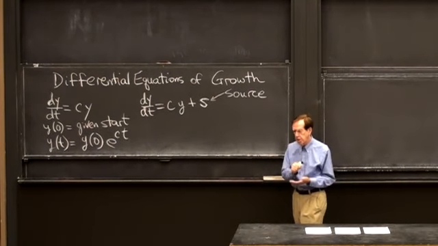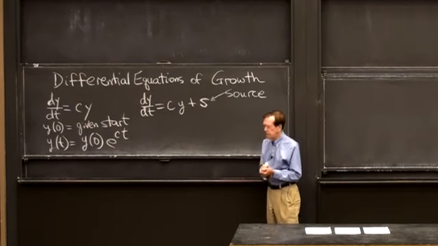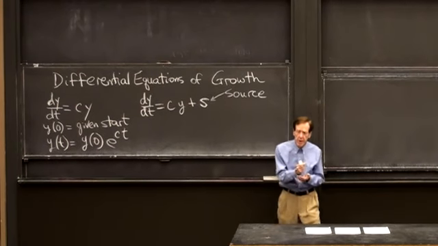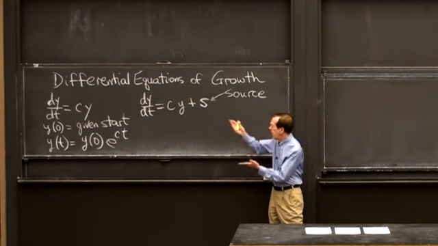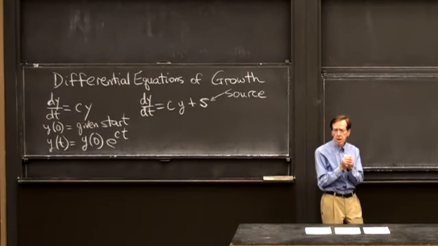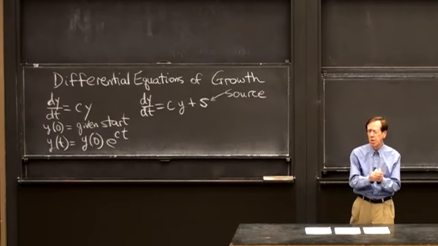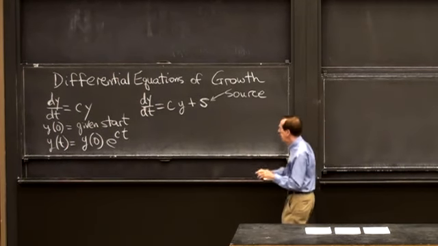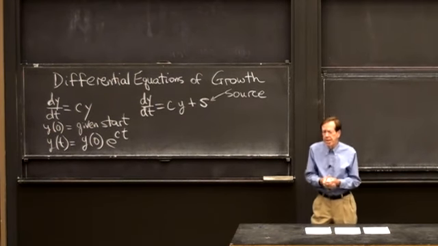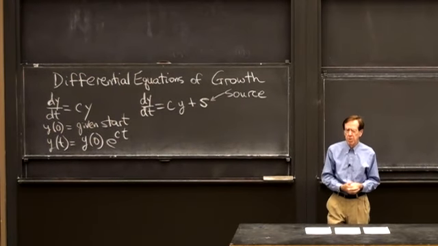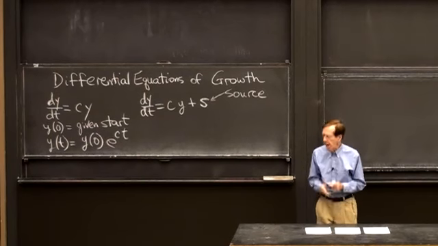In goes that saving, or if s were negative, of course, it could be spending. That's a linear differential equation with a constant right-hand side there, and we have to be able to solve it. And we can.